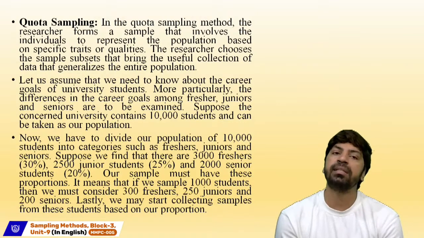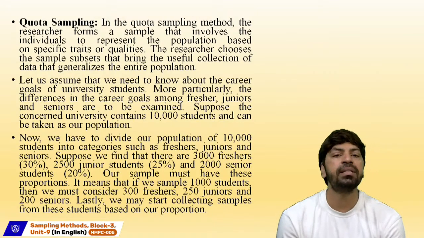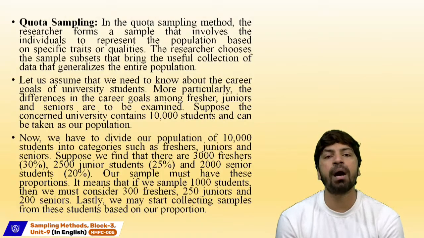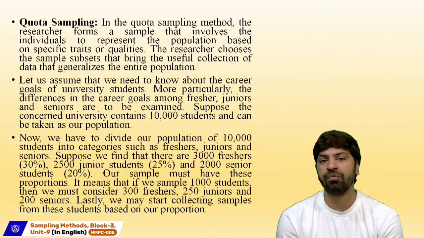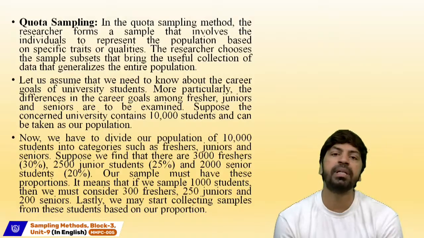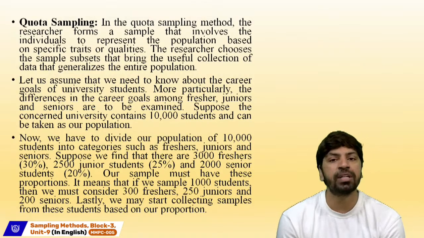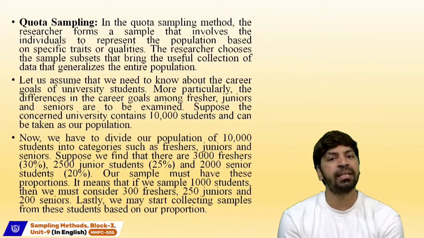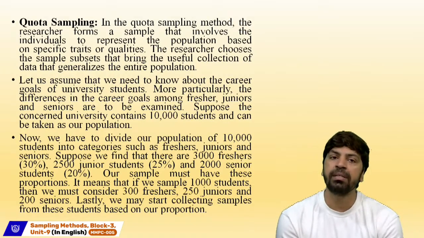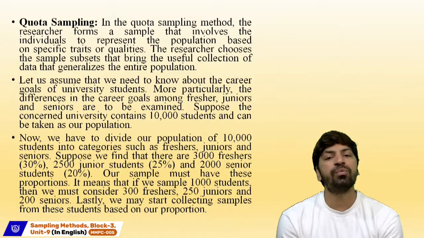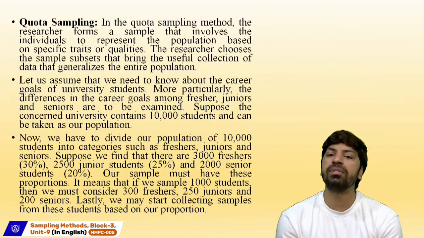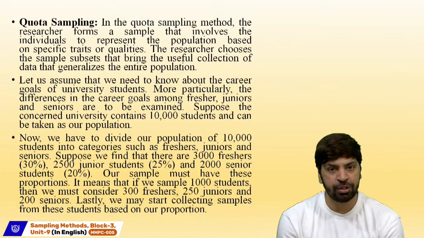Let's take an example. Let us assume that we need to know about the career goals of university students. More particularly, the differences in career goals among freshers, juniors, and seniors are to be examined. Suppose the university contains 10,000 students and can be taken as our population.